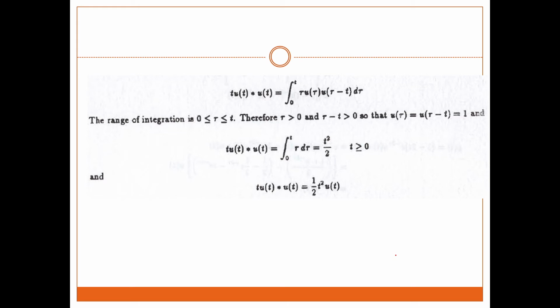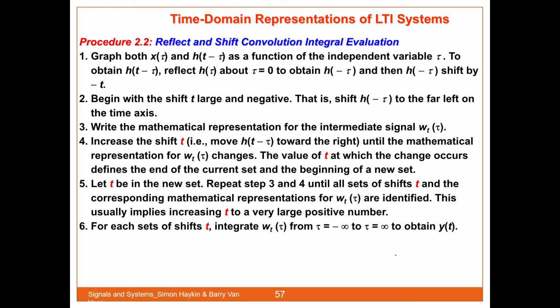Same goes here. Alright, so again what we should do to do this convolution integral. As I mentioned, since it's a graphical method, you have to draw the graph of the equation, the shape of the equation, and then we change into tau.